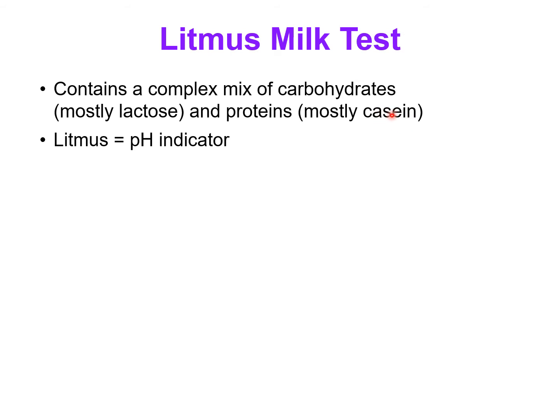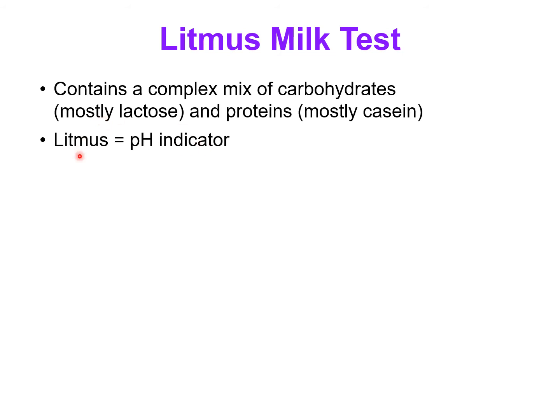What we want to do with this test is differentiate between our bacteria. We want to differentiate between the bacteria that are capable of metabolizing lactose and fermenting it, and we also want to determine whether the bacteria we're testing are capable of metabolizing the protein, the casein. One thing to note is it's going to be one or the other.